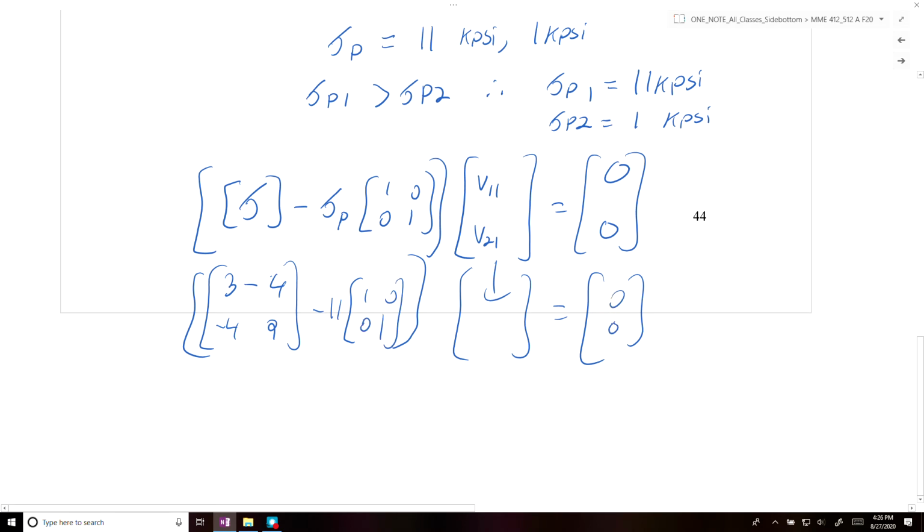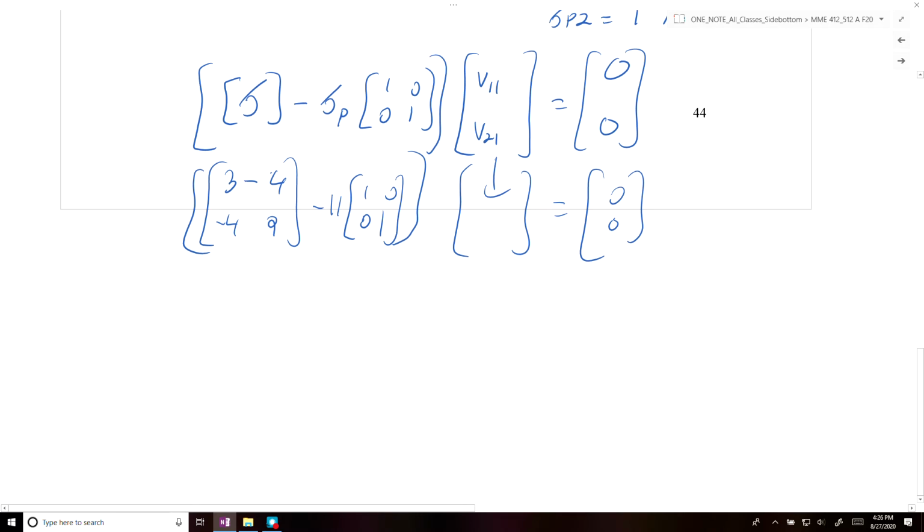This becomes minus 8, minus 4, and minus 2 times v11 and v21, and that's going to be equal to 0.